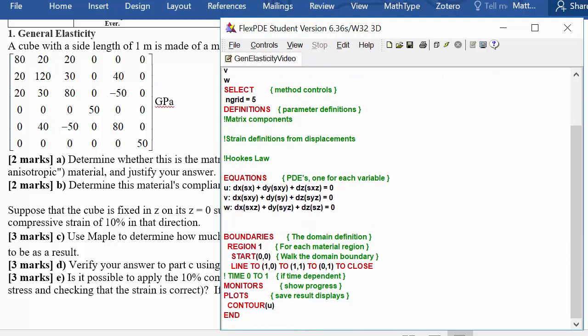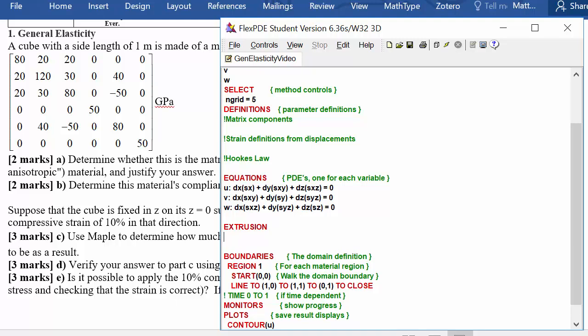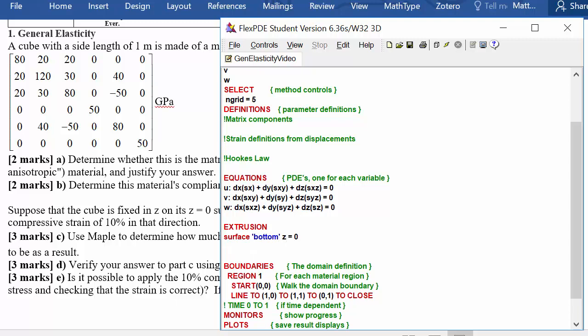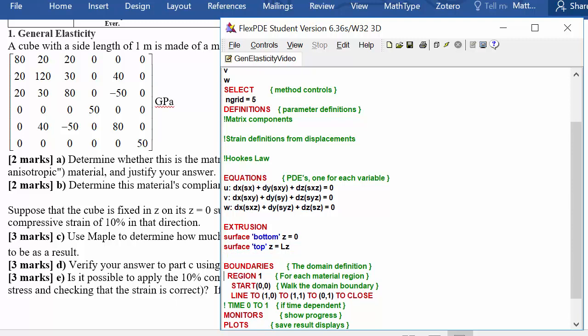We are going to need some extrusions. So I believe the command for this is extrusion. We're going to name the surface bottom z equals 0 to another surface top z equals lz. Then we're going to set up our boundaries. So I'm pretty sure that this is how you would deal with all of this.